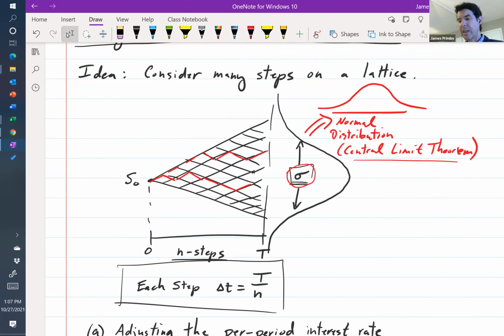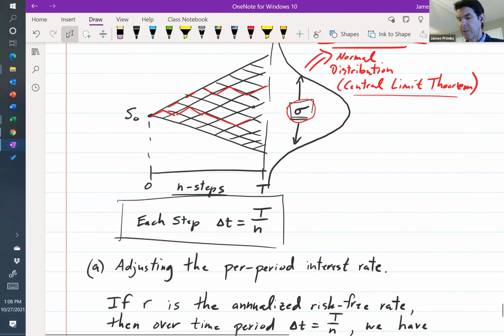Now I want to set up an N period lattice. We did a single period, we did 2 periods, we could do stuff by hand. If I want to set up an N period lattice, N might be 200, N might be 1,000, N might be 10. Now I need some formulas to connect things. The first is, what is the size of each time step in our lattice?